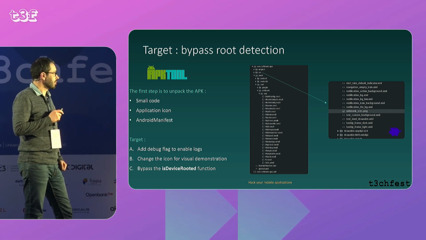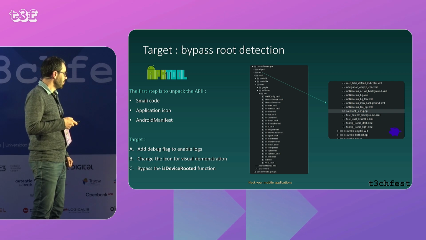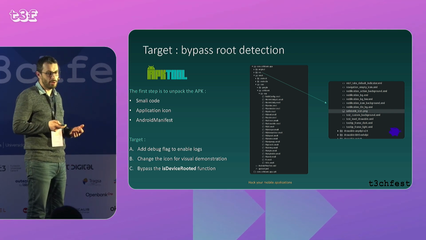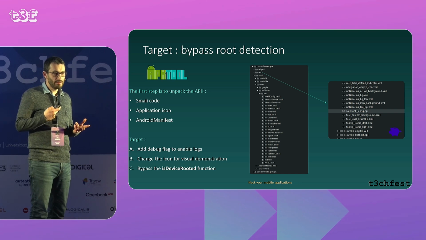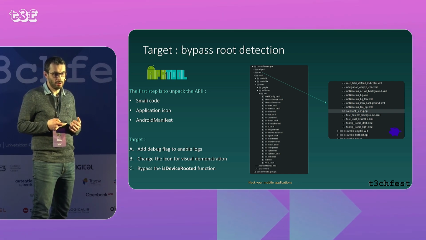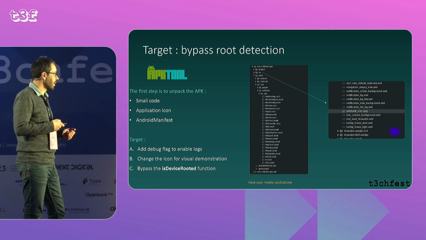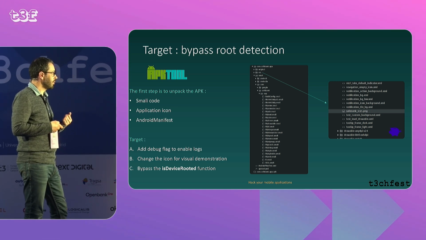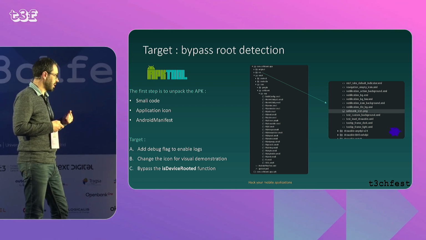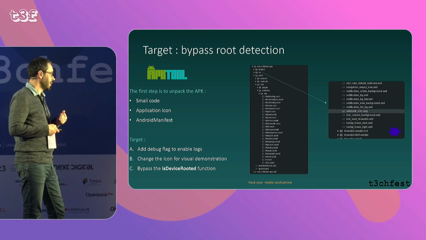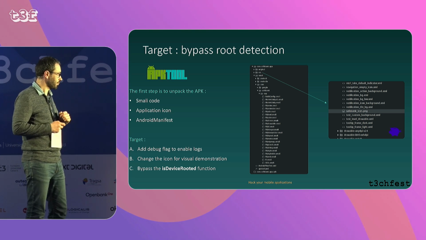So we will change 3 things. We will add a debug flag to enable logs. It is to have more information on the console, and with this, we will have more information during the run of the application. We will change the icon for visual demonstration, and of course, we will try to bypass the protection.